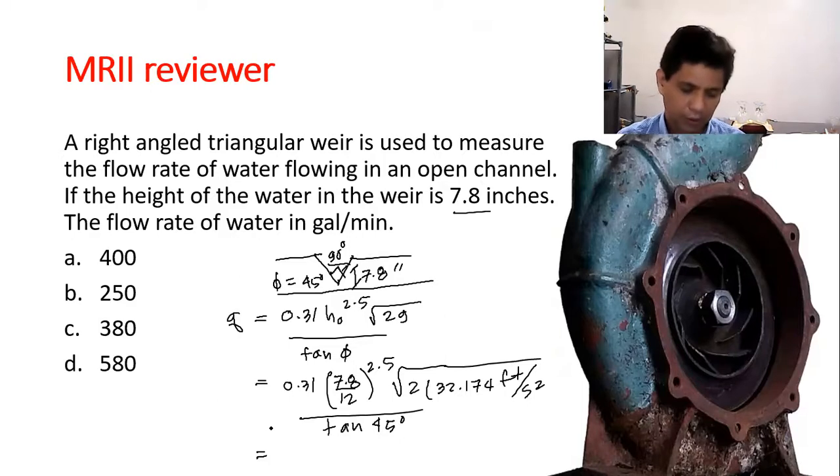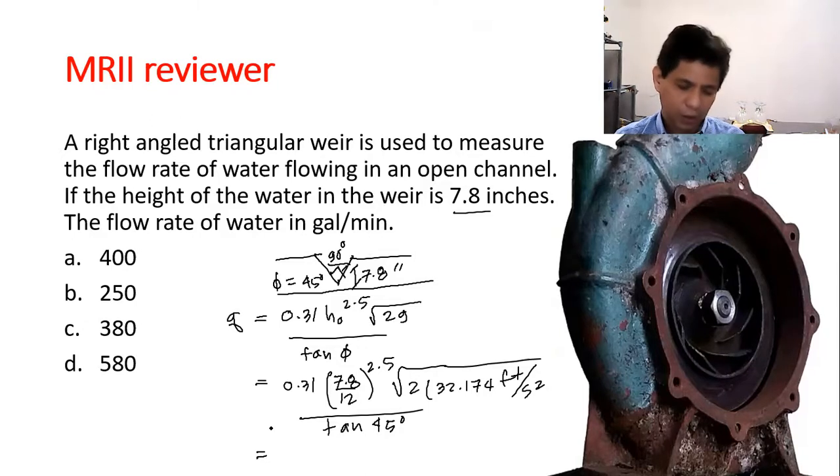Just use your calculator: 0.31 times 7.8 divided by 12, raised to 2.5, multiplied by the square root of 2 times 32.174, divided by the tangent of 45 degrees.